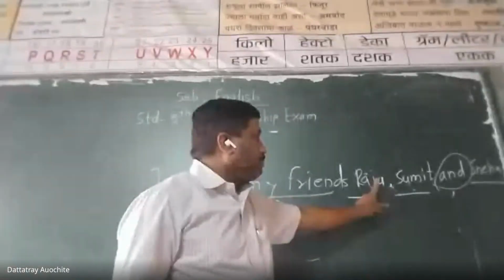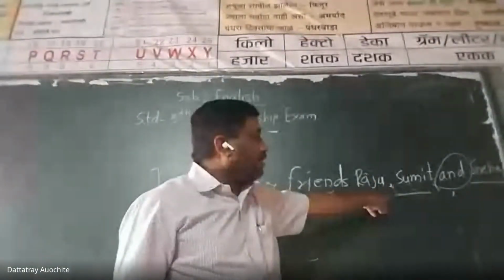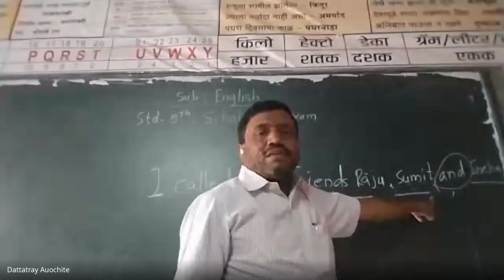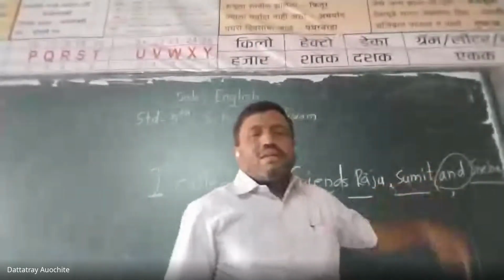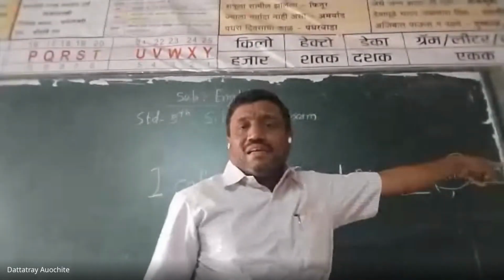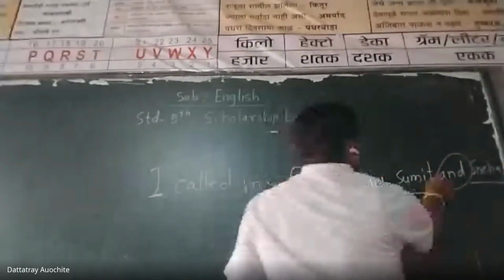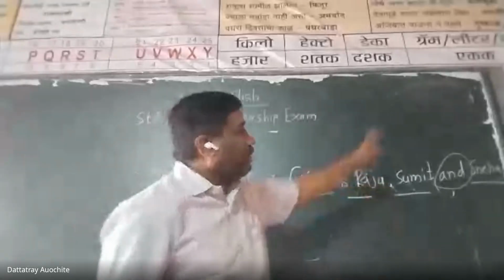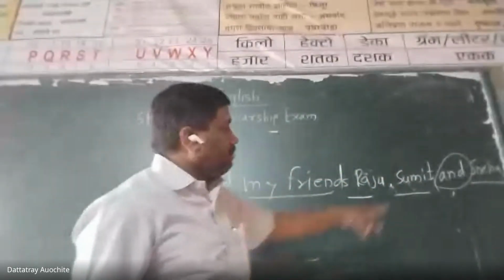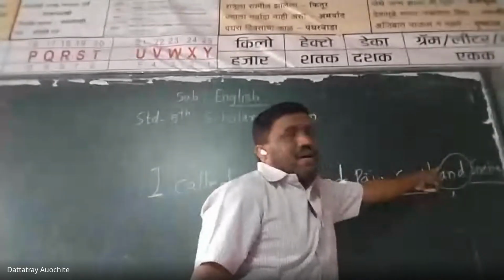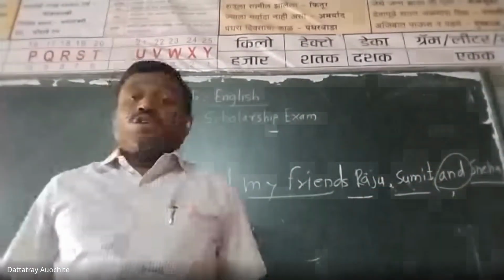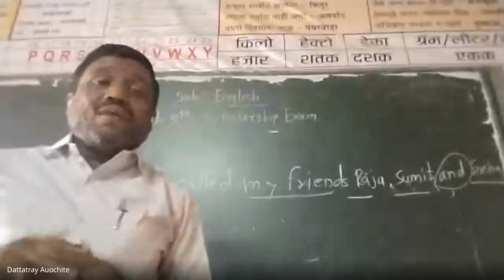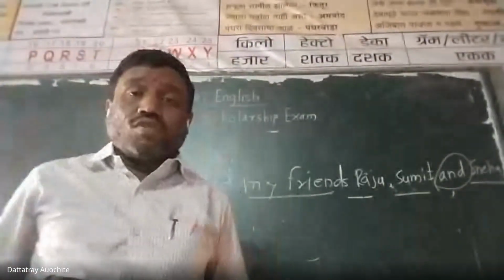So after Raju, we should have a comma. Sumit, this is another example from the same category. If there is another noun, then it should be added by comma. Sumit, and after that Puja is there. If Puja is there, then before that word we should add a comma. So what is the guideline for this? What is the rule for this?